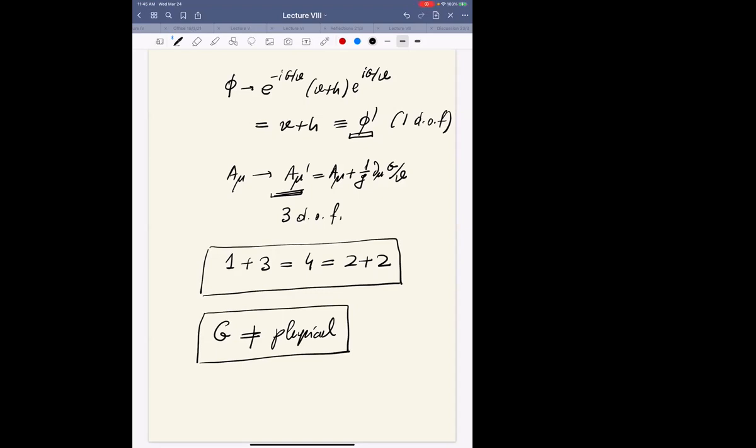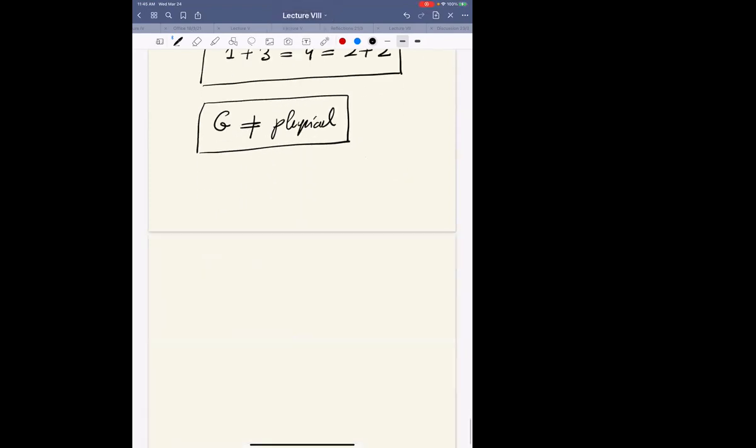The same way, remember, this is very similar to the photon. When you worked in the gauge in QED, this is very similar to QED. In QED, you have A mu, which apparently has 4 degrees of freedom, but you have a redundancy because of the freedom of gauge transformation.